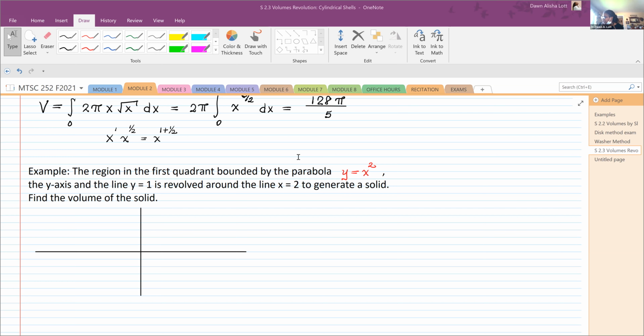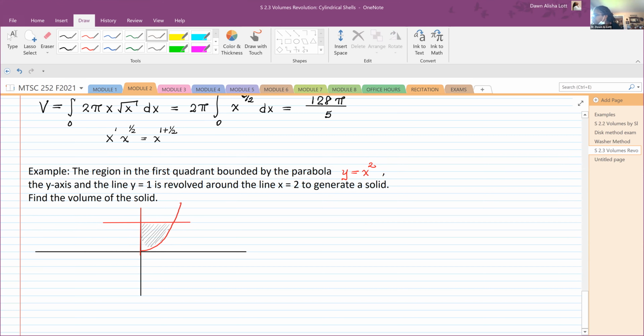Okay, so let's start there. We have y is equal to x squared. Then it says the y-axis and y is equal to 1. So if I draw y is equal to 1, that would look like this. And then the y-axis is just going to come down here. So I can see my region trapped in there very nicely.